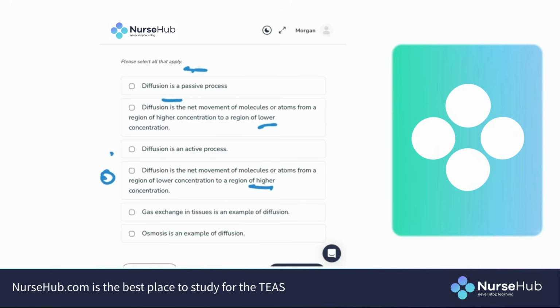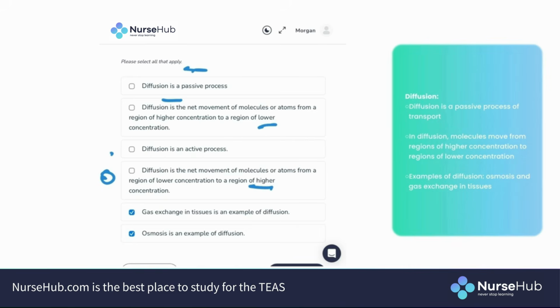And so the first is that, yes, start at the bottom. Osmosis is indeed an example of diffusion. Gas exchange in tissues is an example of diffusion. This is also correct. Diffusion is the net movement of molecules or atoms from a region of high concentration to a region of low concentration.